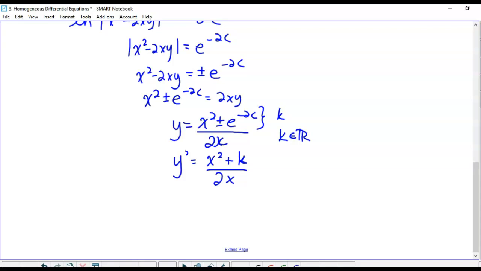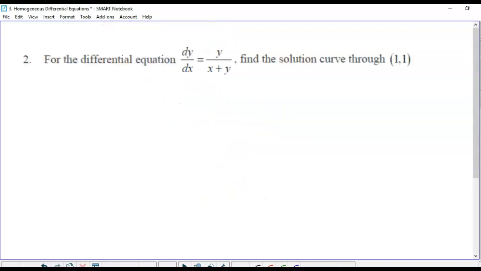Okay, and then you could also show that as x over 2 plus k over x. No, what did I just do? Yeah, x over 2 plus k over 2x, which again, you could show as 2x. So you could change that to a constant as well. Okay.